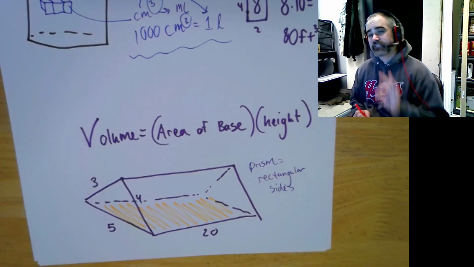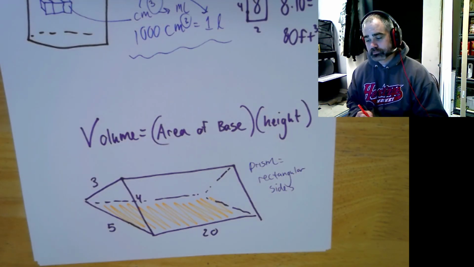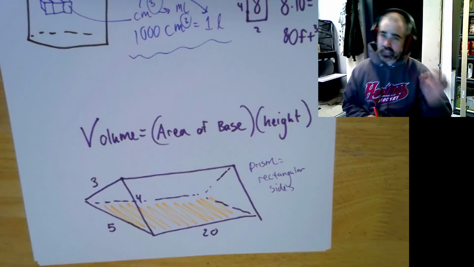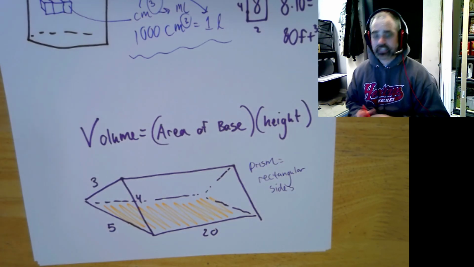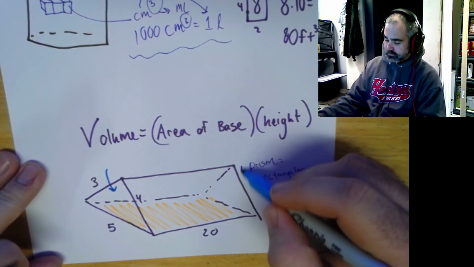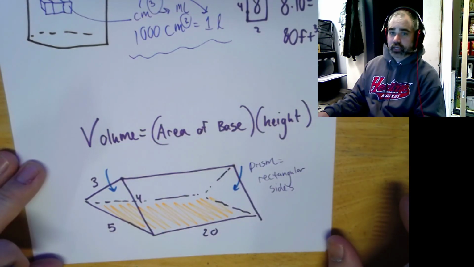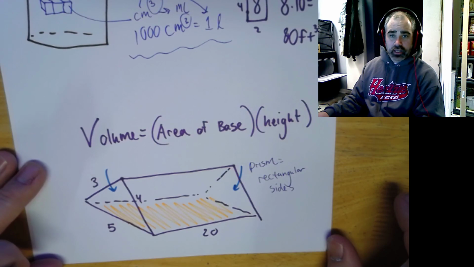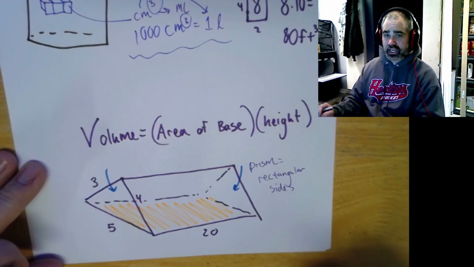The base is from the name. So the name says triangular prism, so that means that the base is a triangle. So the base is actually one of these sides right here.